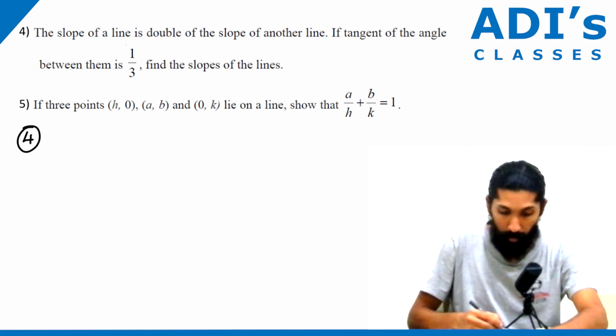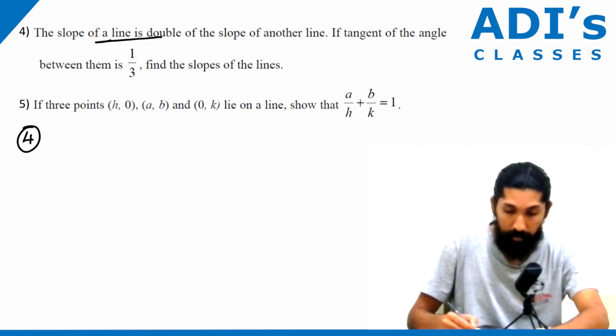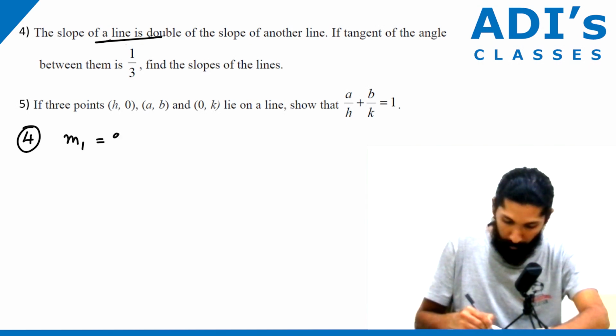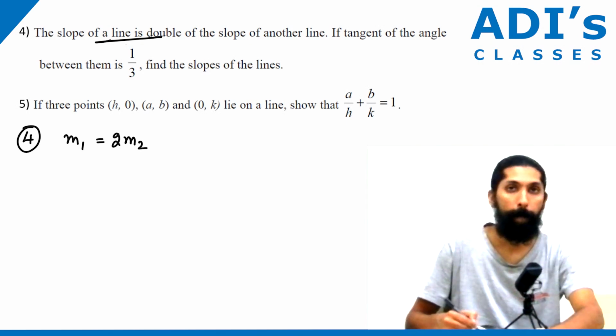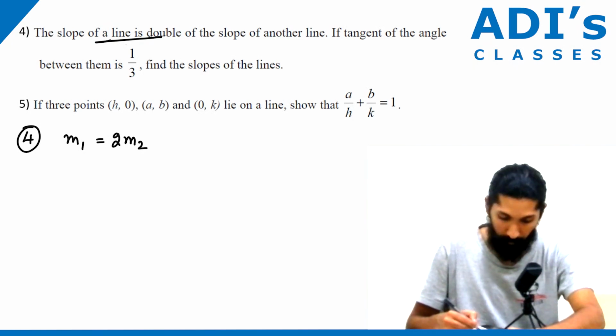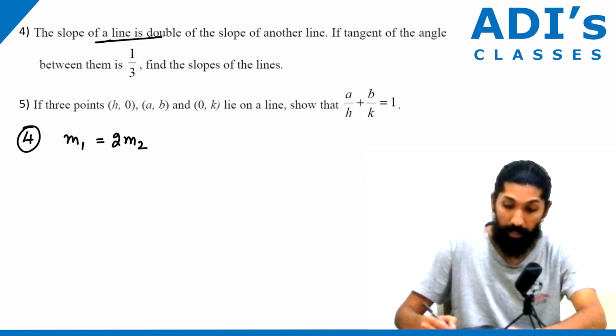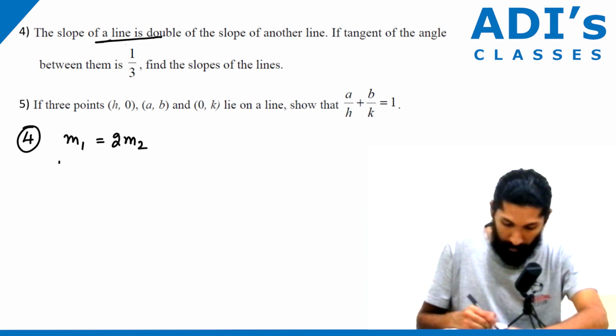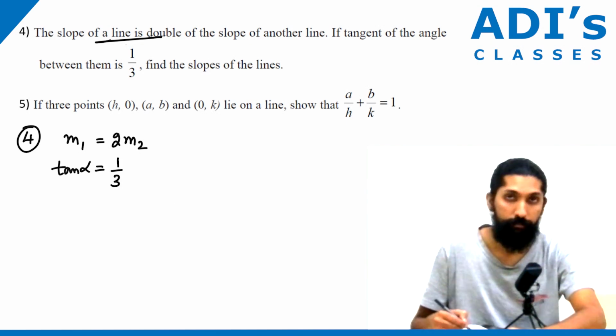It's given the slope of a line is double the slope of another line, so m1 is equal to 2 times m2. The tangent of the angle between them is 1 by 3, that means tan theta or tan alpha is equal to 1 by 3.